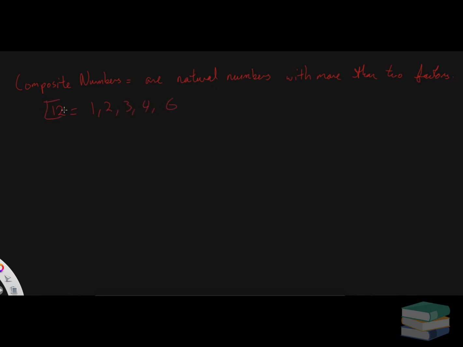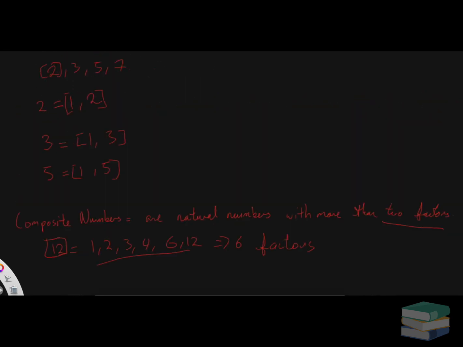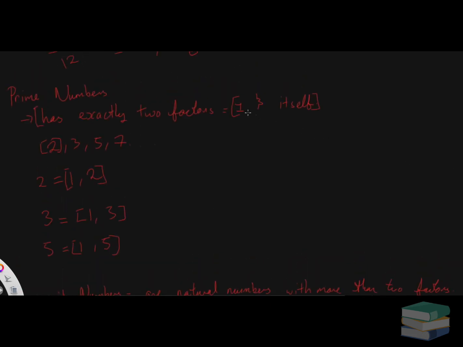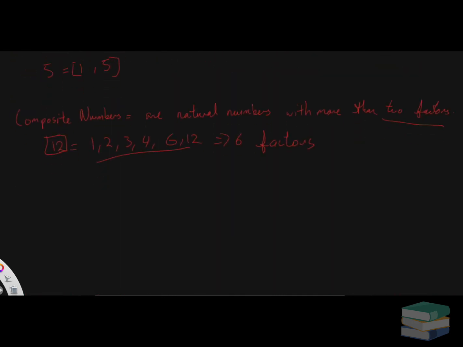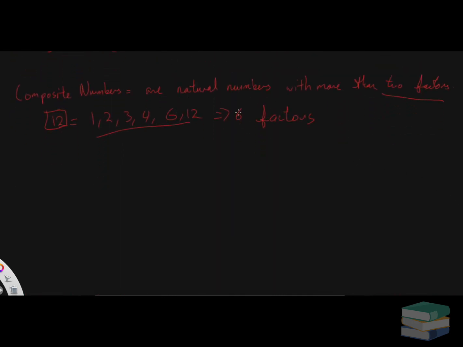So the number 12 is a composite number because it has more than 2 factors. This actually has 1, 2, 3, 4, 5, 6 factors, which is more than the requirement for prime numbers. Prime numbers have only 2 factors, 1 and itself, and composite numbers are any natural numbers with more than 2 factors.